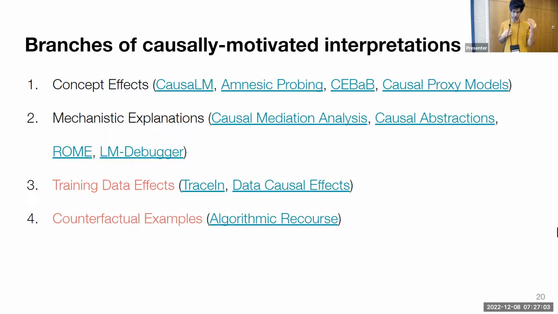Second, there is a branch that is very quickly expanding. I'm sure you've heard about some of the works on the mechanistic explanation parts. This is a causal problem where we're trying to attribute specific model components to specific predictions. So I'm trying to uncover the place within a model where a specific fact is arising, or I'm trying to understand where in the model gender information is being kept.